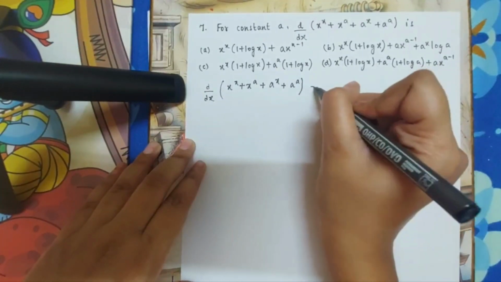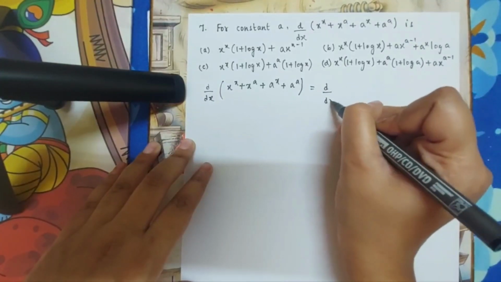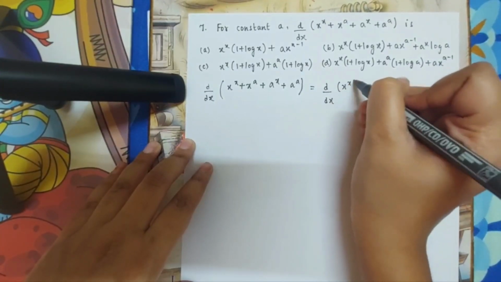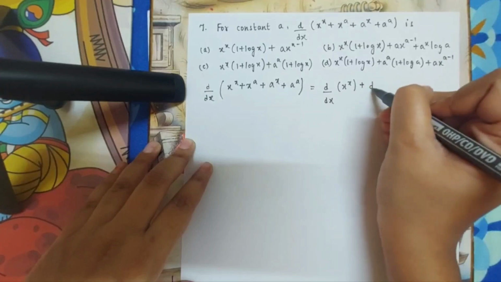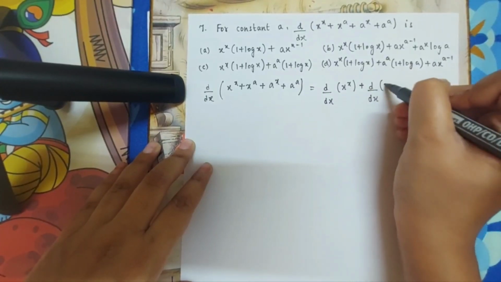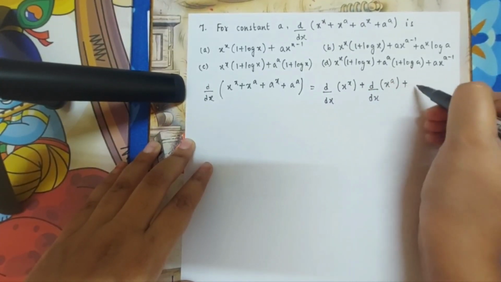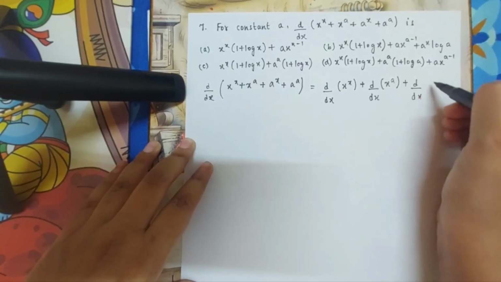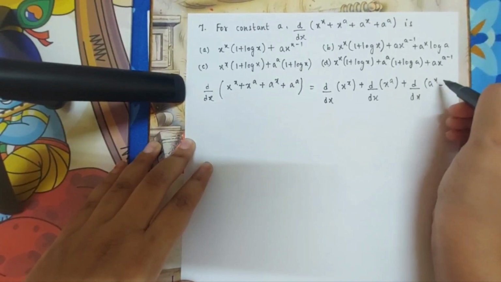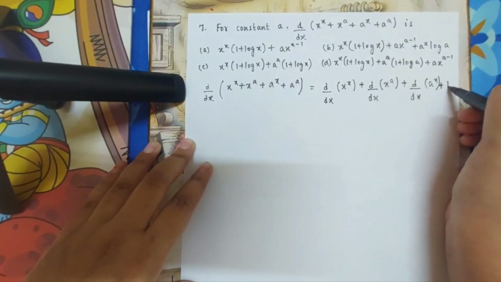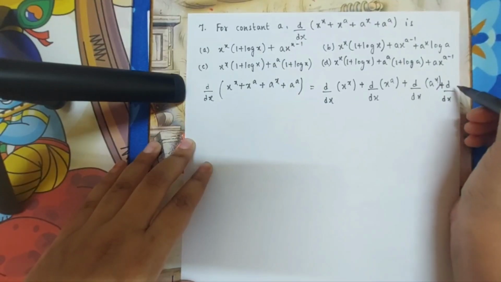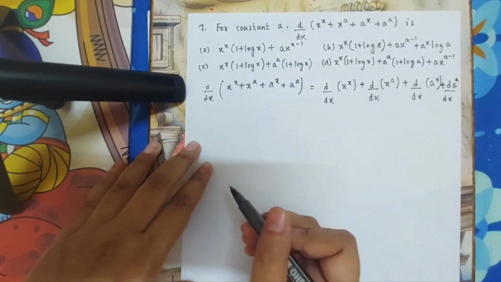This can be written as d by dx of x to the power x plus d by dx of x to the power a plus d by dx of a to the power x plus d by dx of a to the power a.